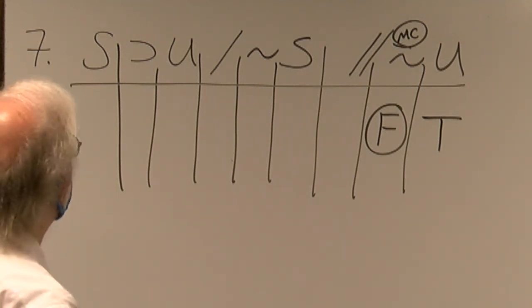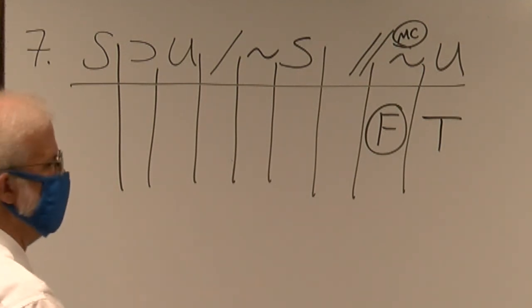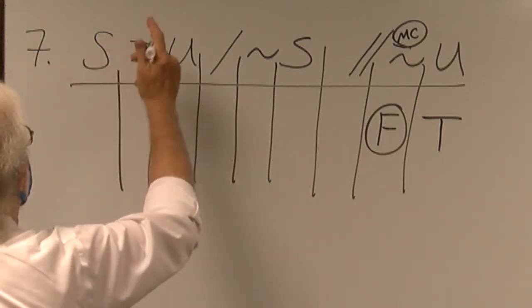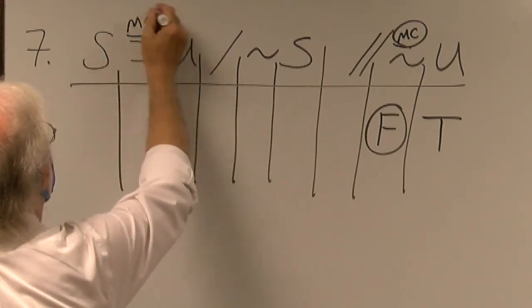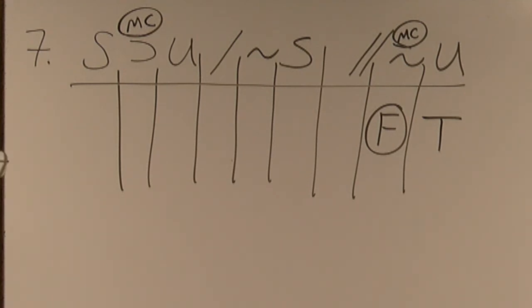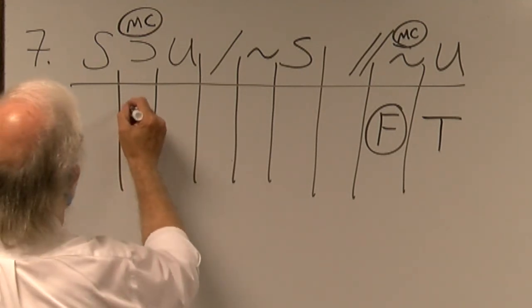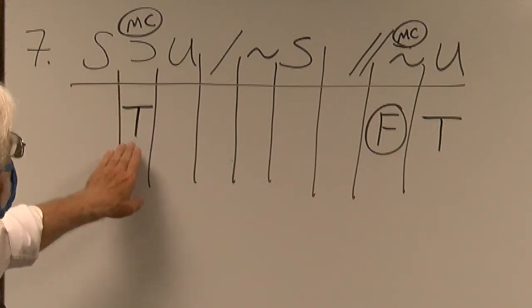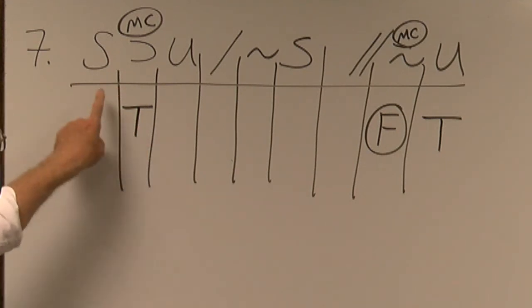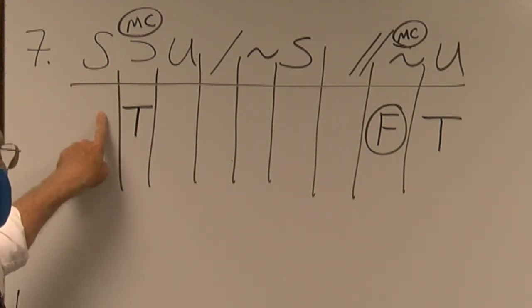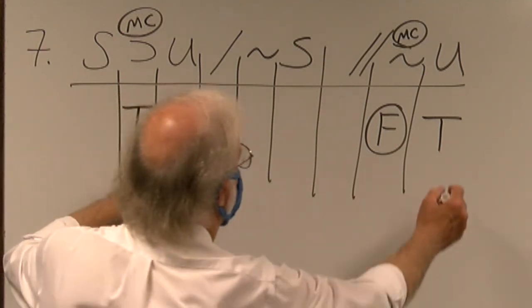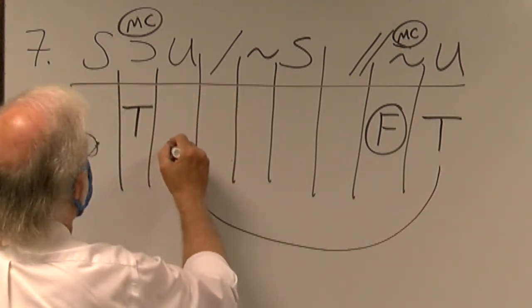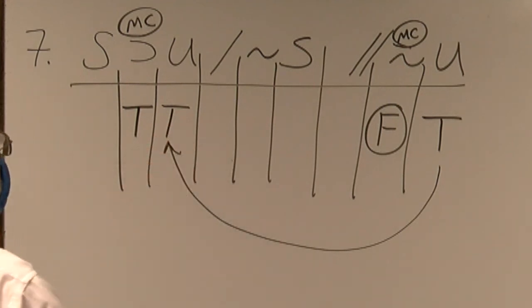But again, as beginners in this method, what you might want to do is to identify the main connective and set that to be true, so you remember it's supposed to be true, because we're trying to make all of the premises true. Okay, so we're going to make the horseshoe true. We don't know anything about S yet, but from the conclusion, we know that U has to be true.